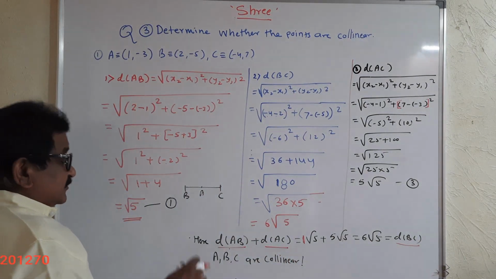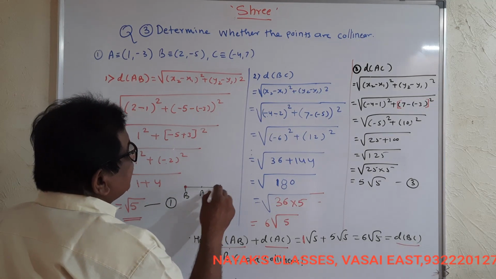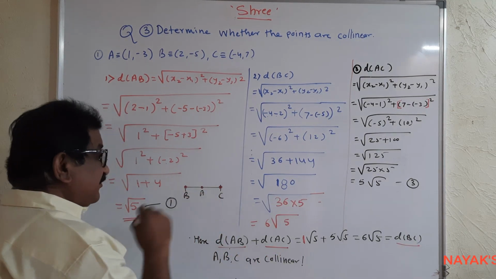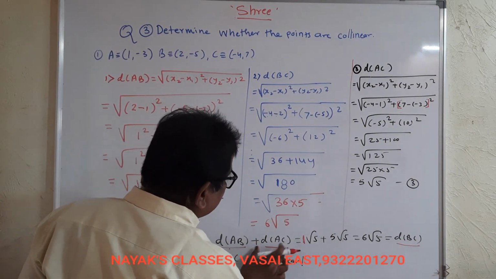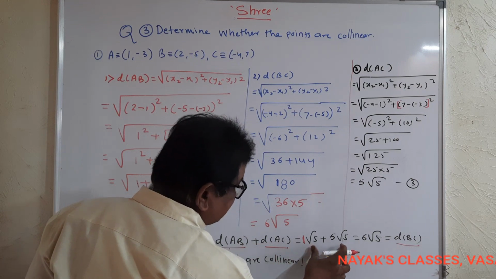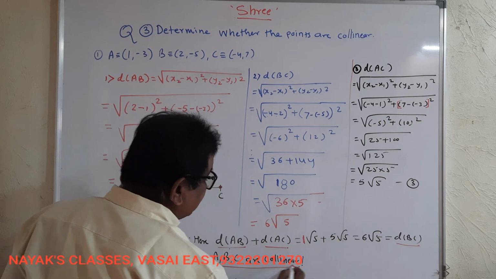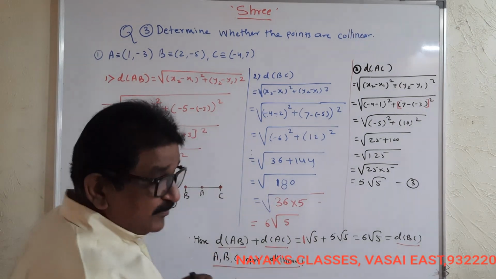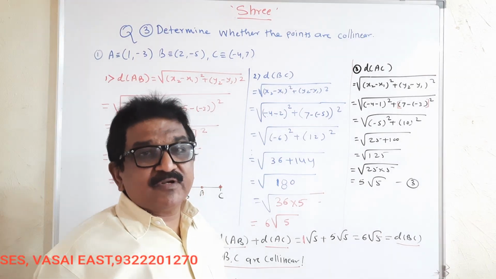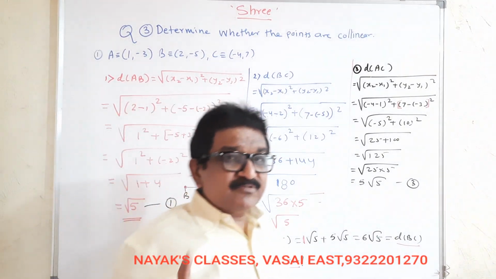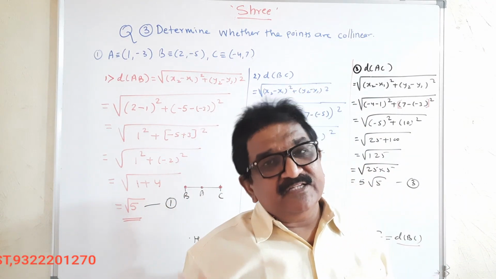The segment is like this: B is at this end, C is at this end, and A is in between them. So when the sum of two smaller distances is equal to the greater distance, points A, B, C are collinear. This much simple calculation is there. Three times you have to find the distance.